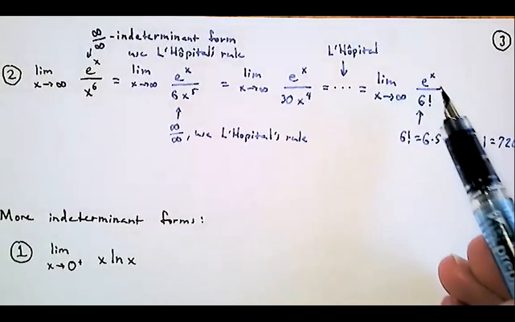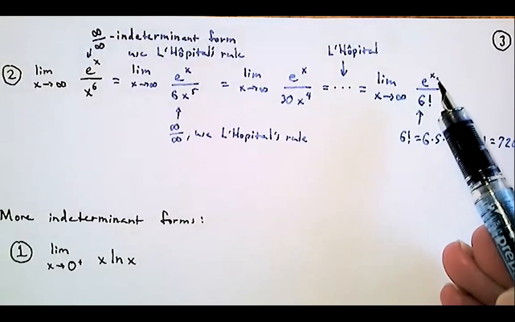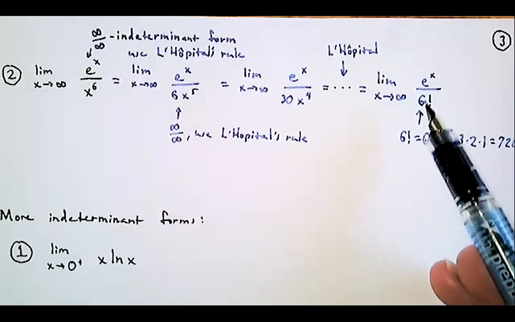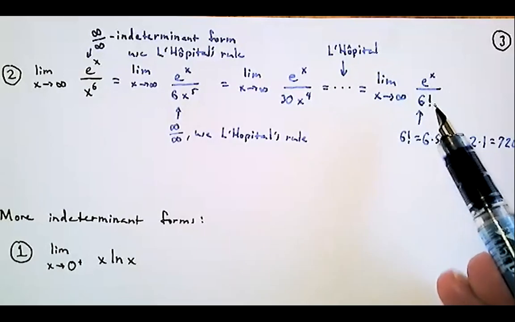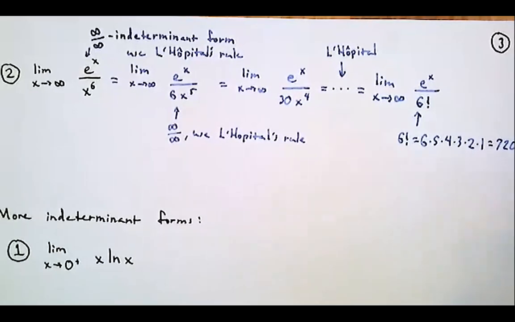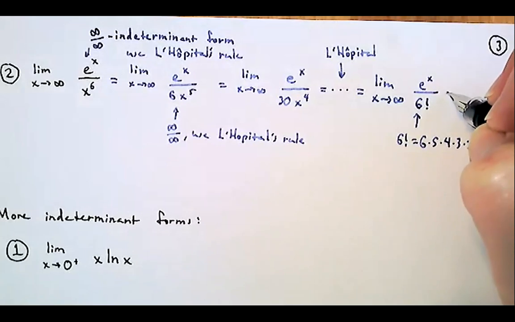As x goes to infinity, we have an e to the x in the numerator and a 6 factorial, or 720, in the denominator. What is this limit? Can we do it now?